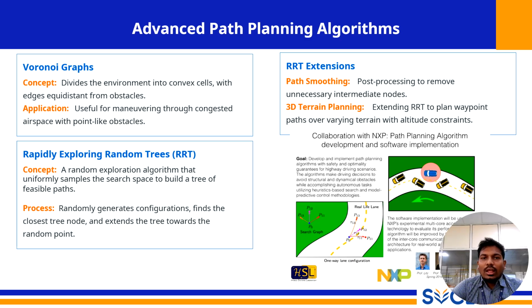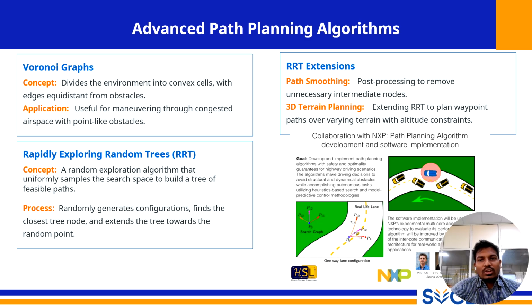After RRT finds a valid path, path smoothing is applied to remove unnecessary intermediate points. This makes the route shorter, cleaner, and more efficient for the drone to actually follow. Without smoothing, the drone might be making constant sharp turns, which isn't ideal for flight stability or battery life.